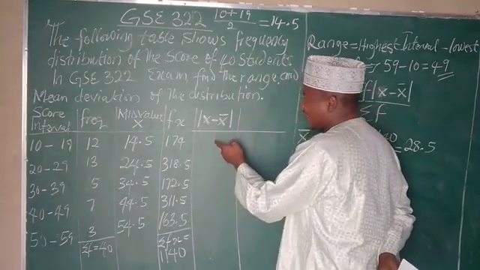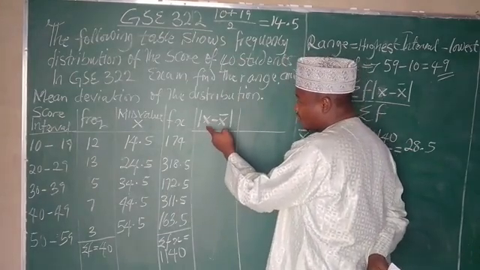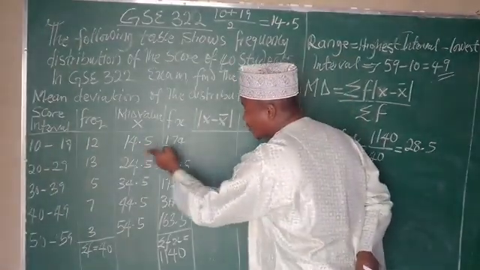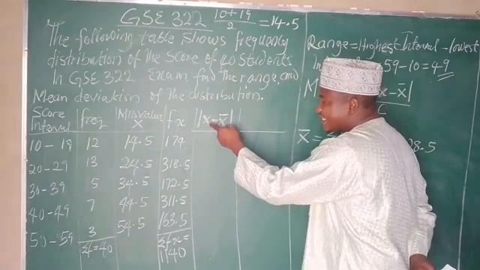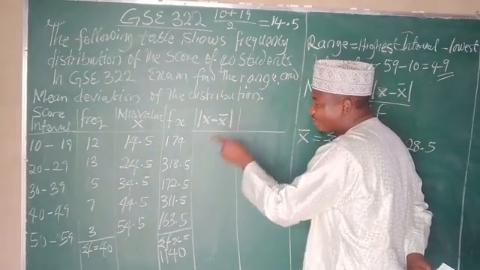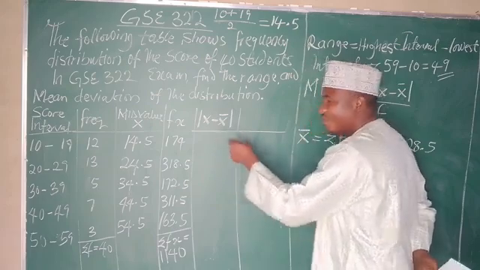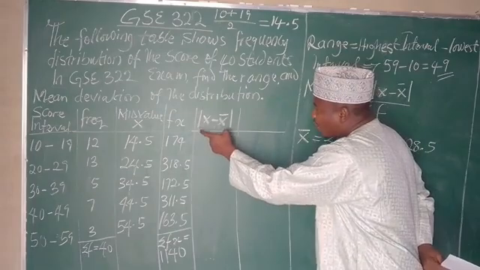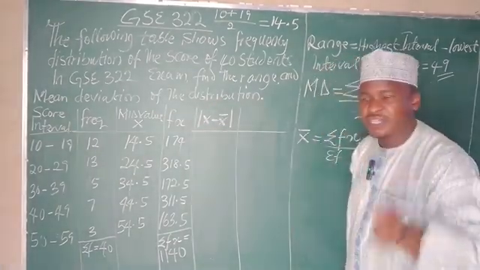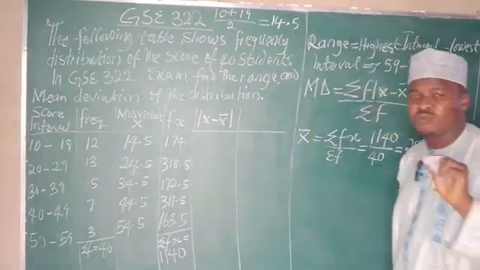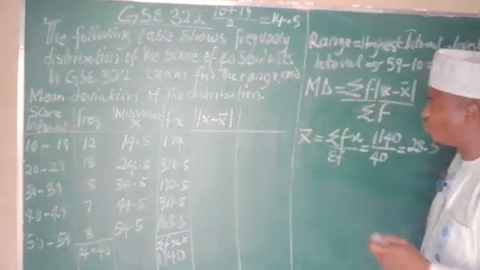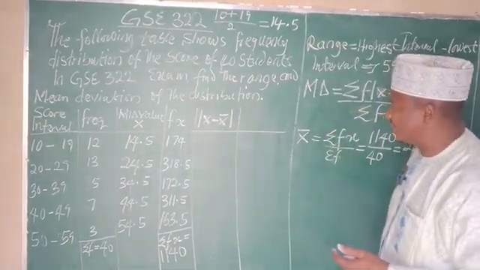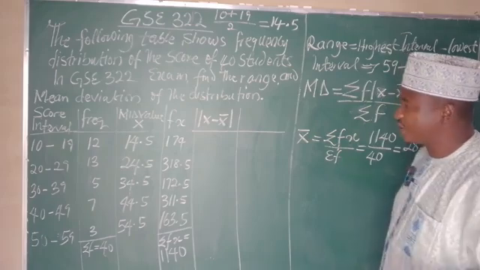The result is the absolute value of x minus x bar of the first row. Mind you, with the coming of this absolute value, even if we encounter a negative value after the subtraction, the absolute value will take away the negative. We should record just the number.